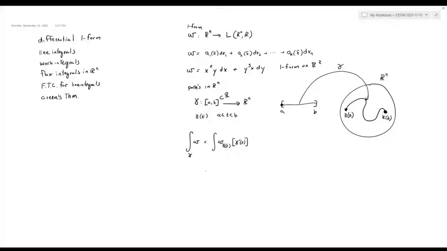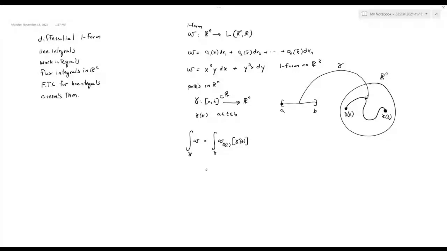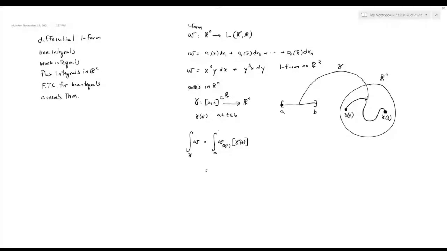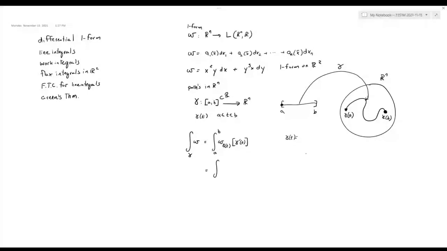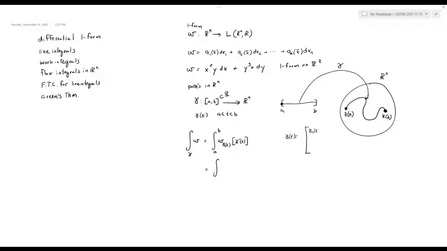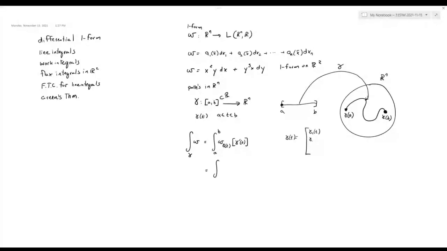What we really mean is that this is the one form evaluated at gamma of t. Gamma of t has n components: gamma 1 gives you the first component, gamma 2 gives you the second component, and so on.